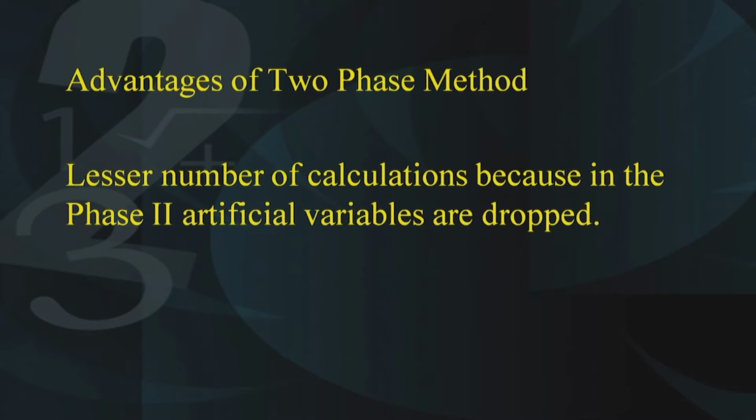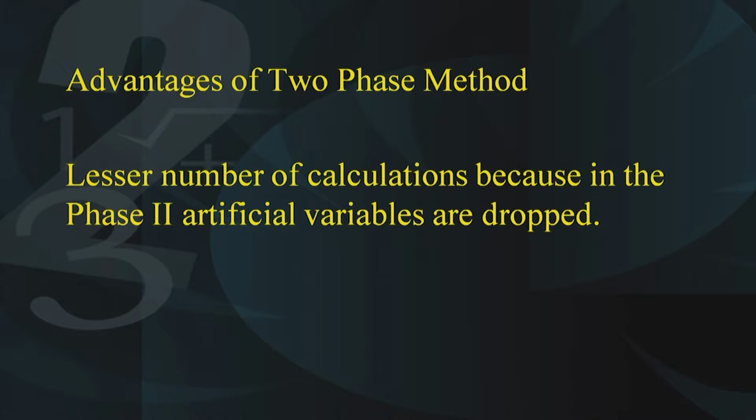Next, we also want to look at what the advantages of the two-phase method over the big M method are. You will observe that there are fewer calculations, because in the two-phase method the artificial variables are dropped.